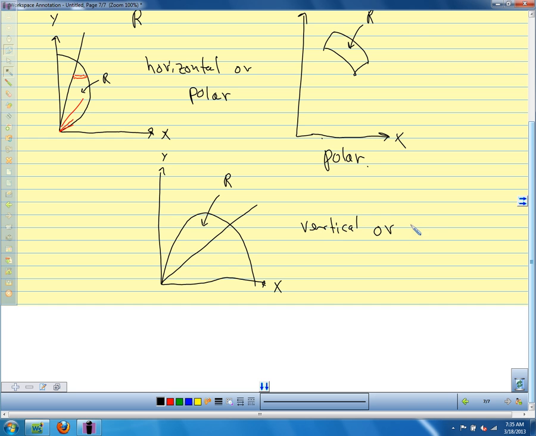What would be an example when you want to switch the order to polar? It doesn't really happen that much because usually we're given some function, or we can easily change our function into the radius as a function of theta.